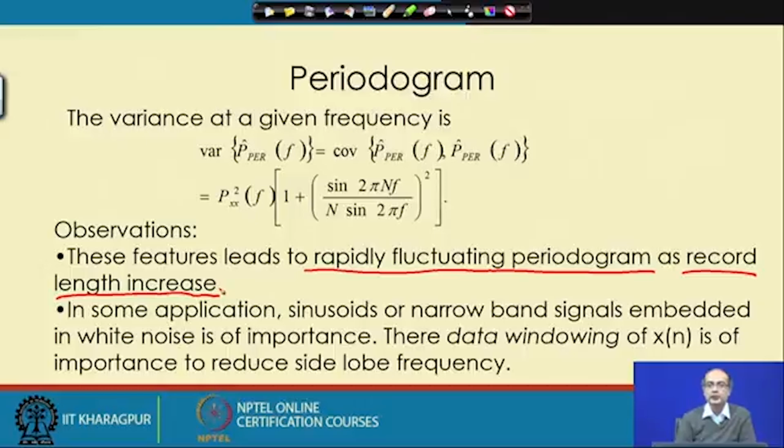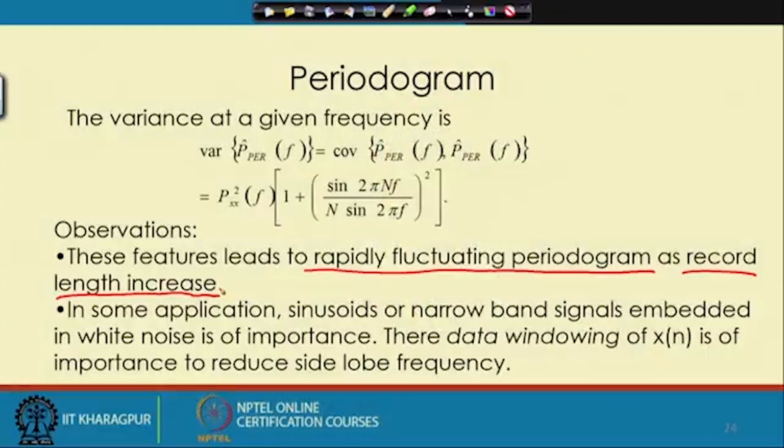We get a periodogram that becomes more and more rough, with more fluctuations. So, that is the benefit we are getting with the length of data.